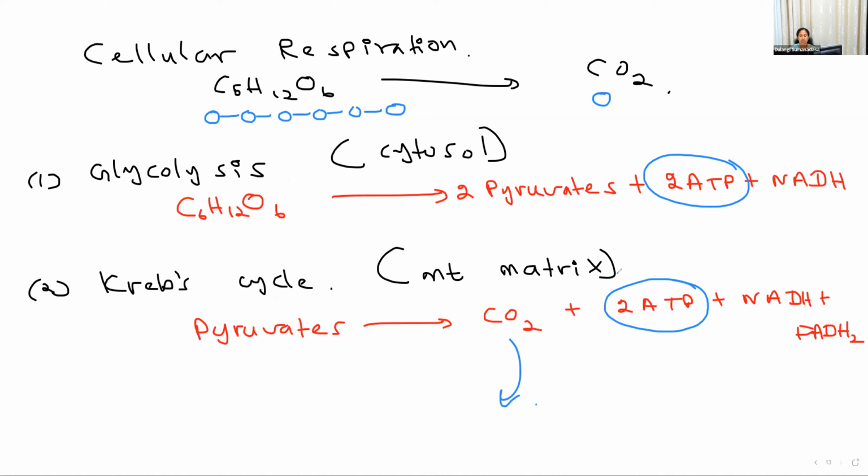So the electron transport chain is not going to further break down any carbons, right? So the electron transport chain is going to convert all the other sources of energy. We have created lots of NADH during glycolysis, and we have created lots of NADH again, and FADH2, during the Krebs cycle.